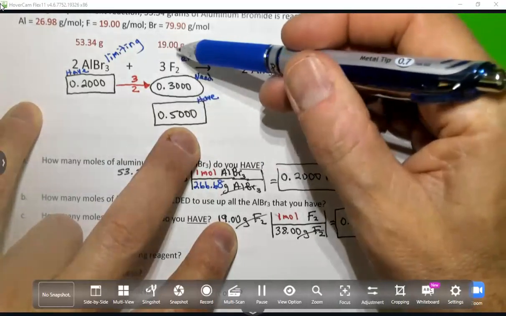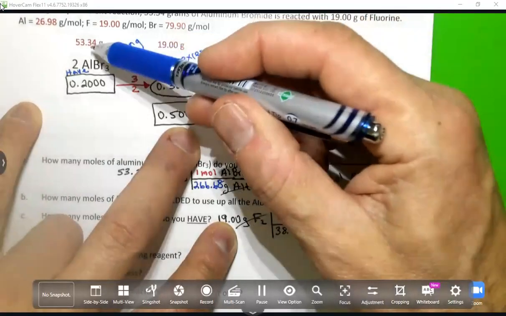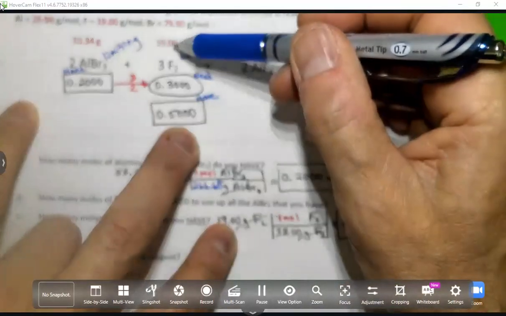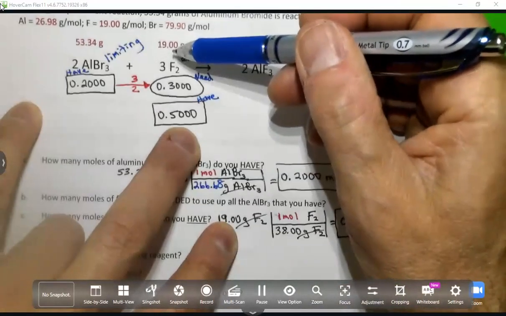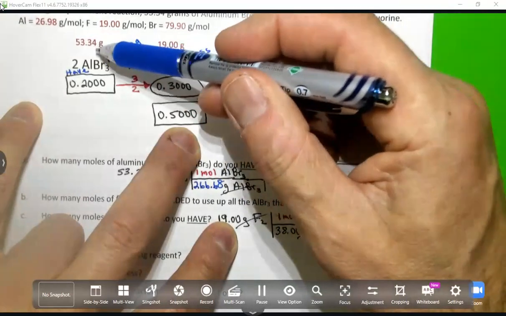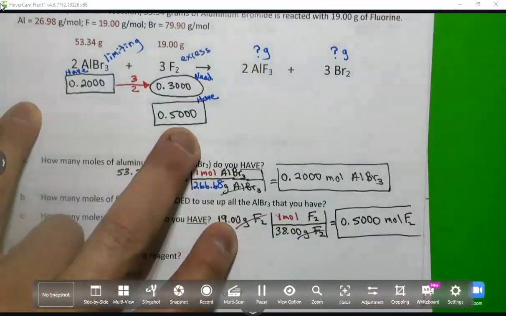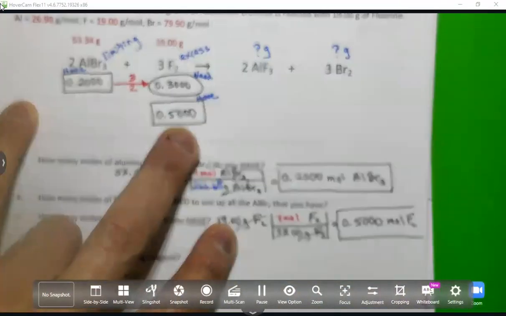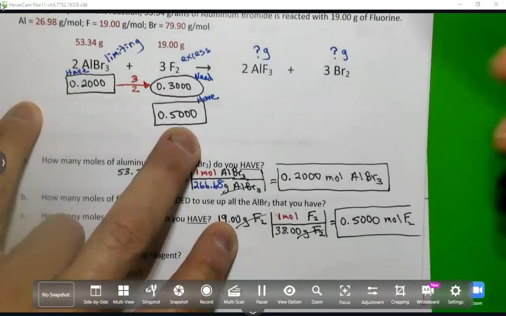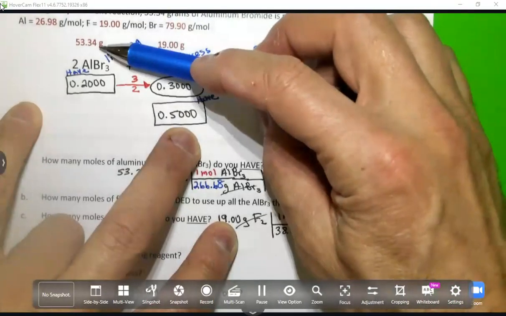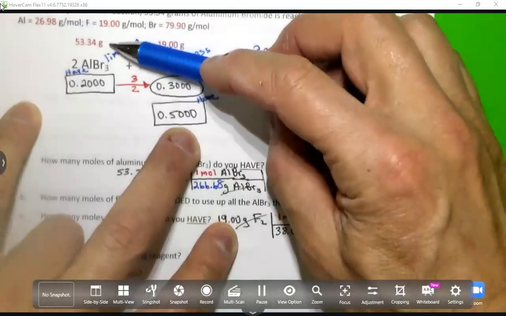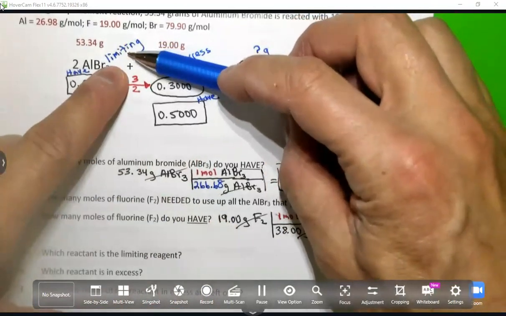So even though this 19 grams is way less, some of this 19 grams is going to be left over. All of this 53.34 grams is going to get used up in the reaction. The reaction is going to stop when this 53.34 grams of the limiting is used up.